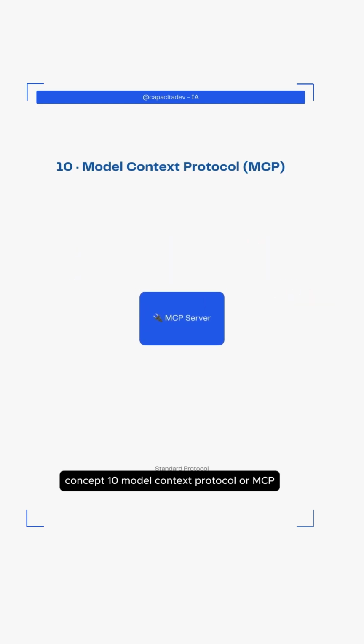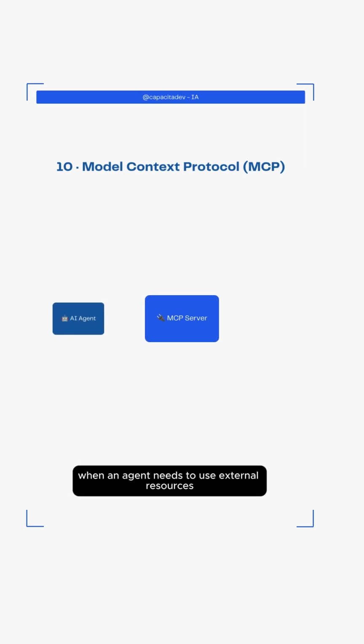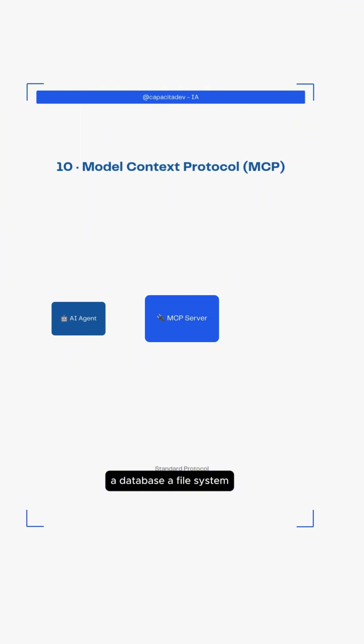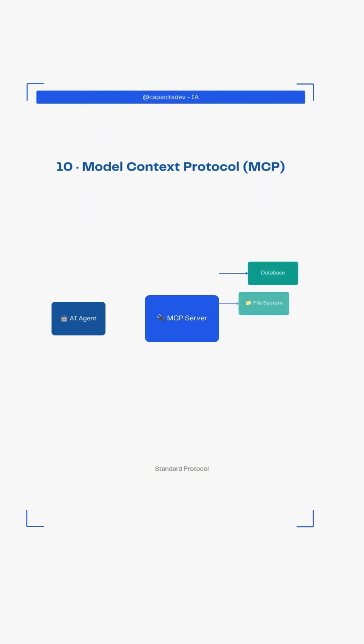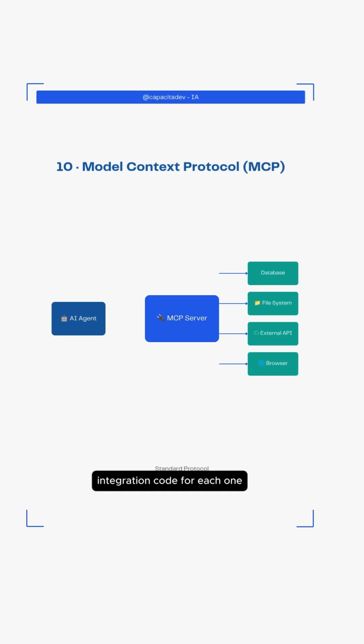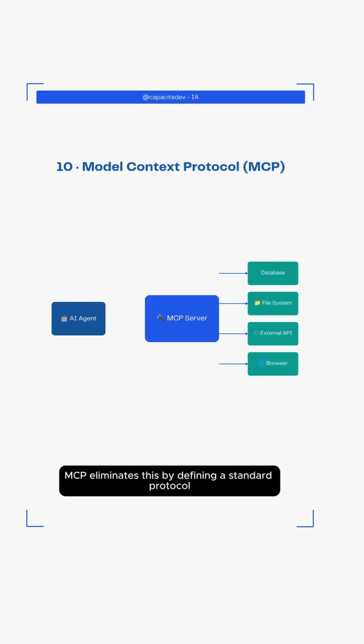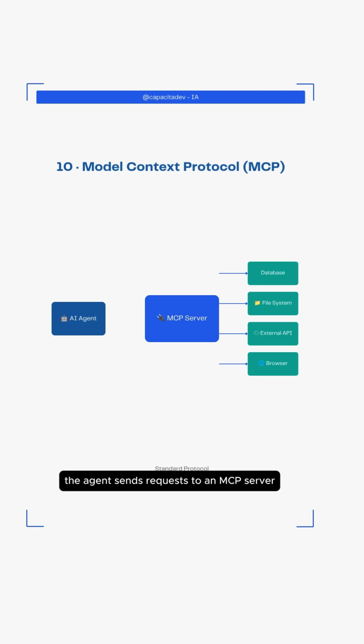Concept 10. Model Context Protocol, or MCP. When an agent needs to use external resources, a database, a file system, an API, a browser, you would normally write custom integration code for each one. MCP eliminates this by defining a standard protocol. The agent sends requests to an MCP server, and that server exposes all connected resources through a single unified interface.